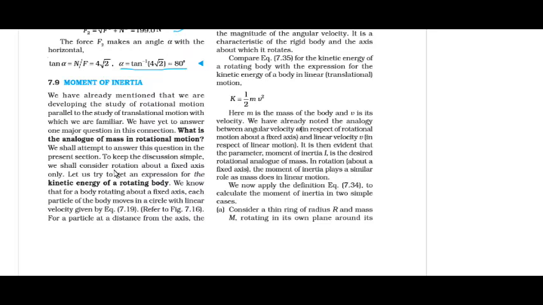To keep this discussion simple, we shall consider rotation about a fixed axis only. Let us try to get an expression for the kinetic energy of a rotating body. We know that for a body rotating about a fixed axis, each particle of the body moves in a circle with linear velocity given by equation 7.19, referred to figure 7.16, for a particle at a distance r from the axis.